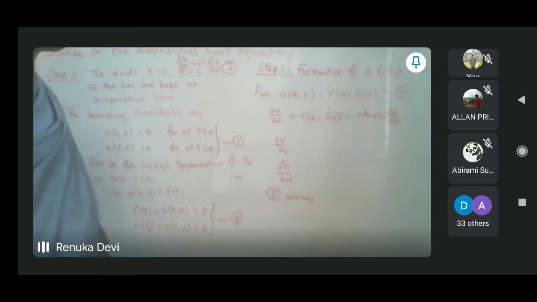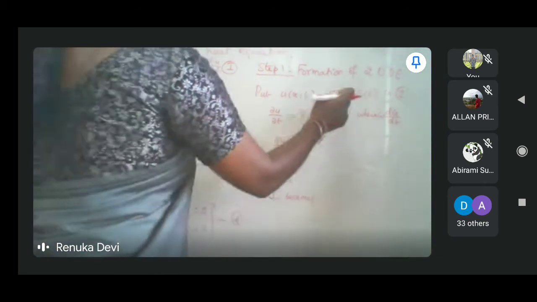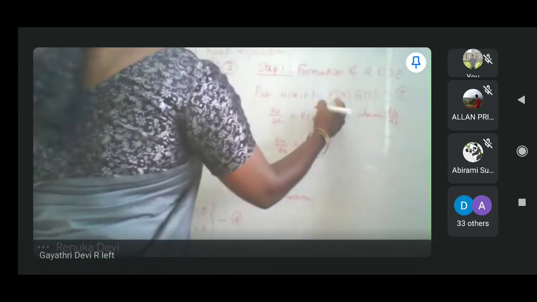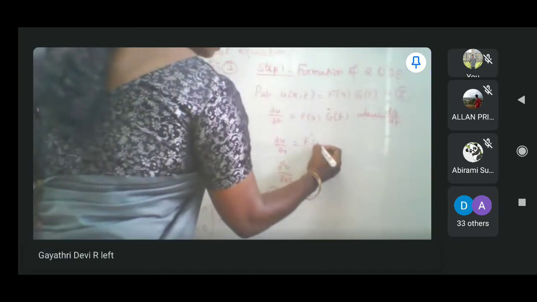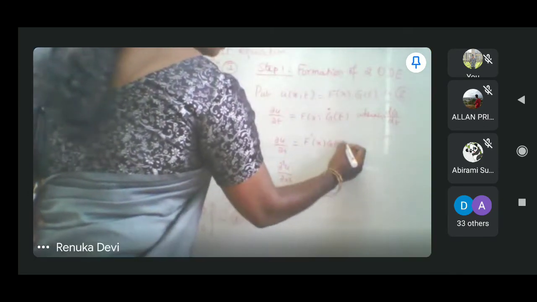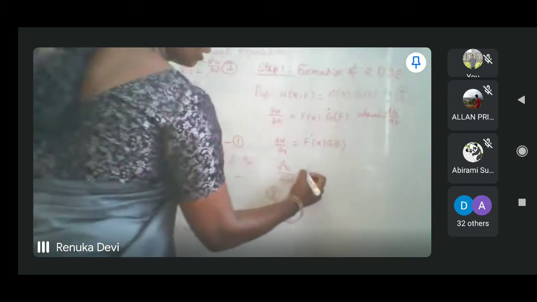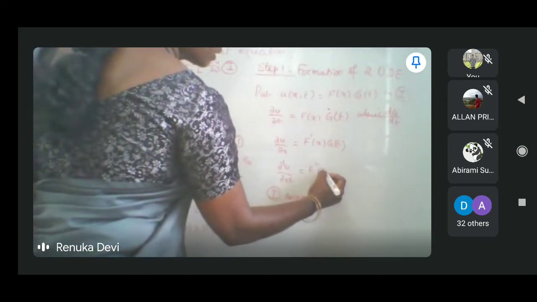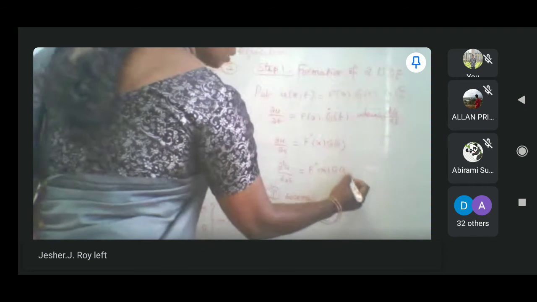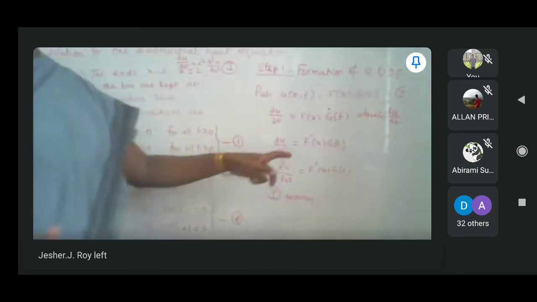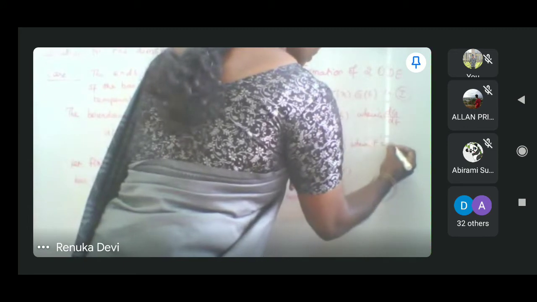Now you find dou u by dou x. Dou u by dou x is f dash of x into g of t. Is it clear? What is f dash? Where f dash is df by dx.